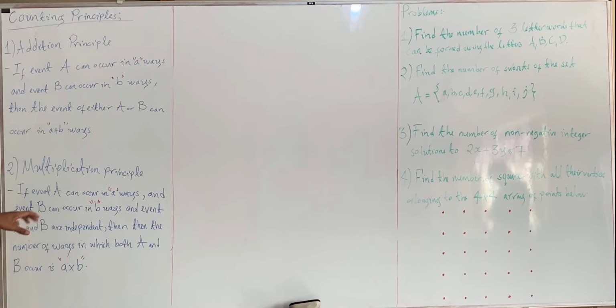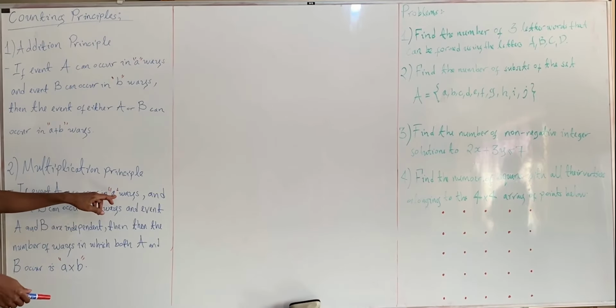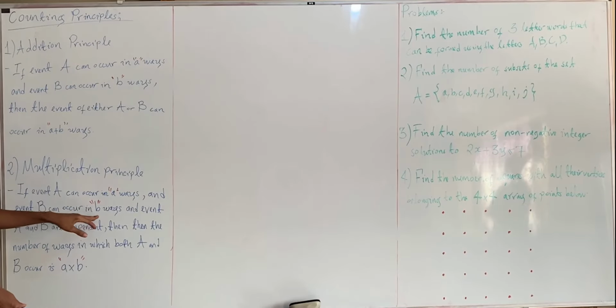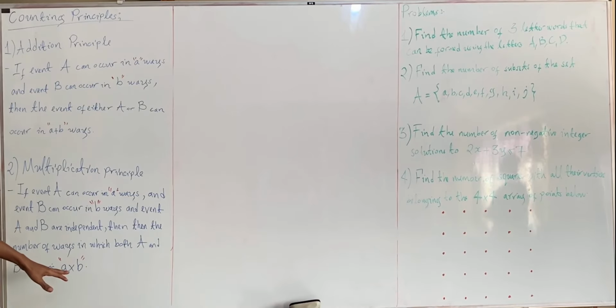So again, in this case, you have two possible events, A and B, and A can occur in small letter a number of ways, and the event B can occur in this much number of ways. And the condition that A and B are independent implies that the number of ways in which both A and B can occur simultaneously is a times b.